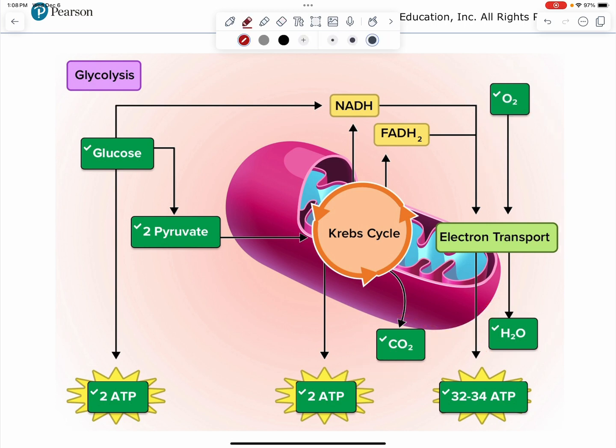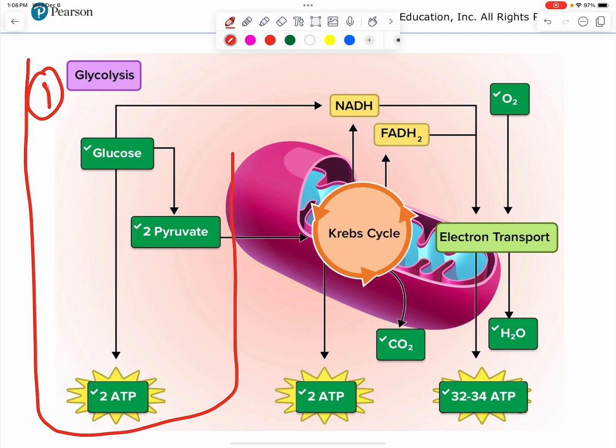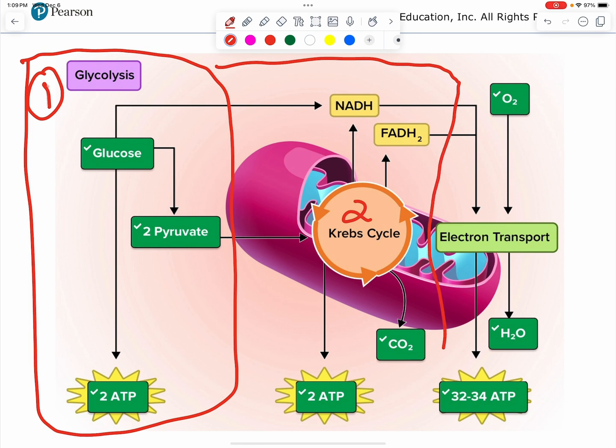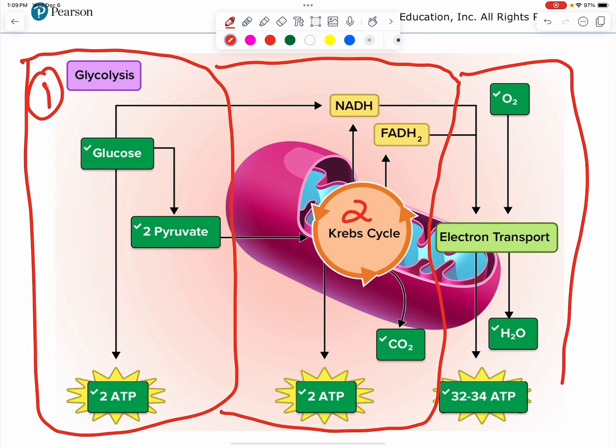I'm going to draw some new lines. The first step here, it is labeled as number 1. I'm going to circle all of this. This is glycolysis. Step number 2 is all of that. And then step number 3 is right here.